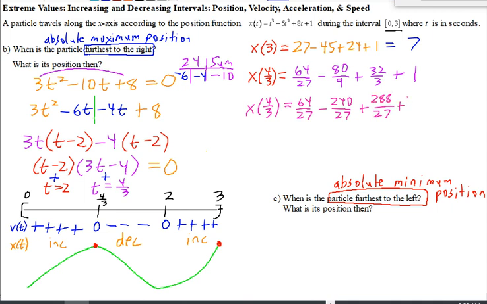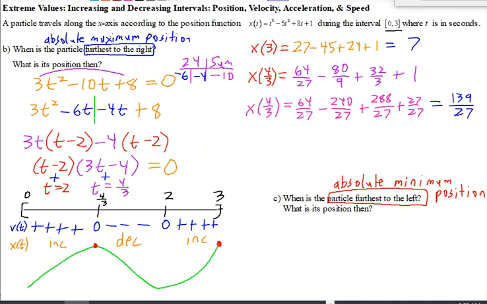Plus 1 is the same as 27 over 27. So let's take these two that are close together first. 288 minus 240 is 48. 48 plus 64 is 112. 112 plus 27 is 139 over 27.